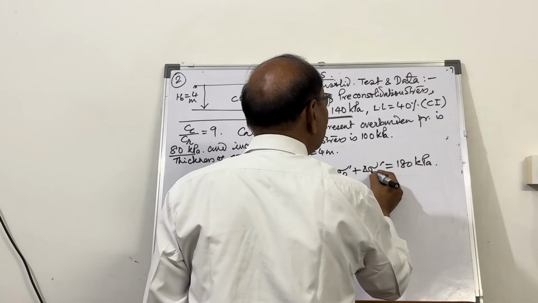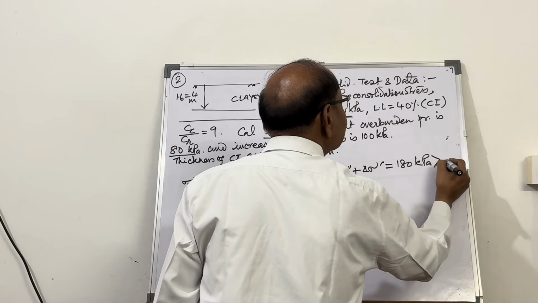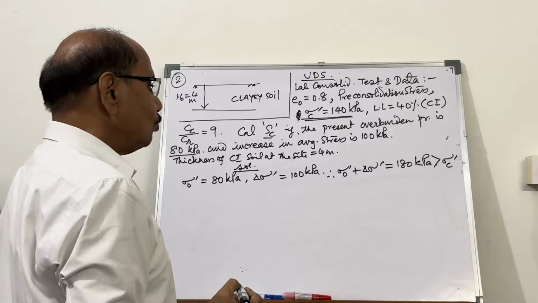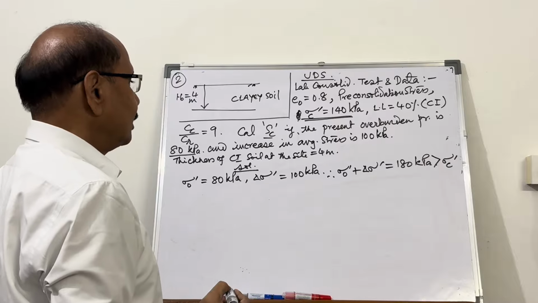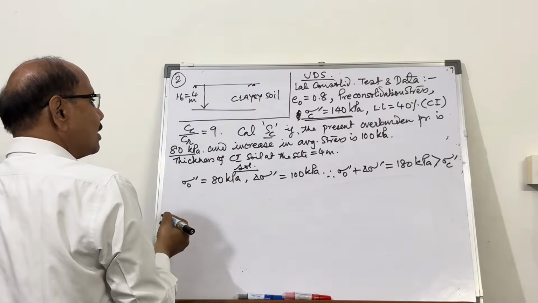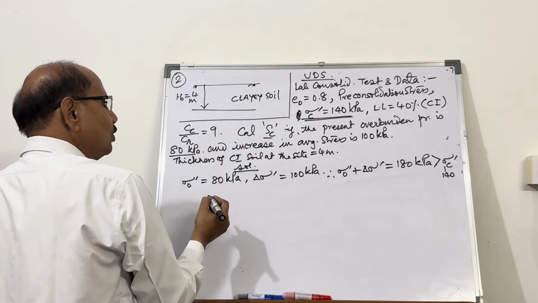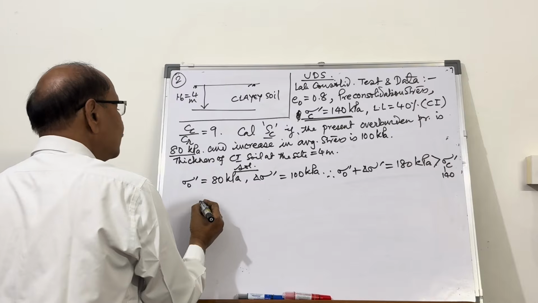So sigma naught prime plus delta sigma prime is greater than the pre-consolidation pressure, which is 140 kilopascal. Now the liquid limit is given to you as 40%.